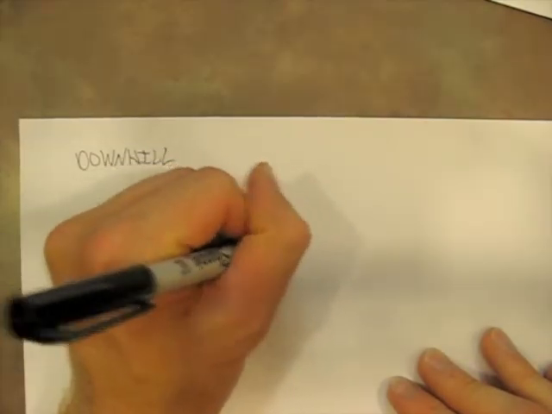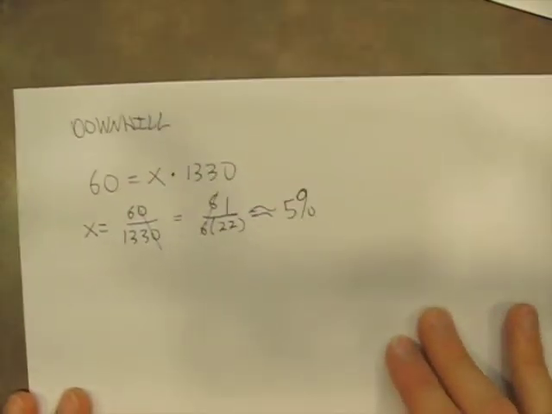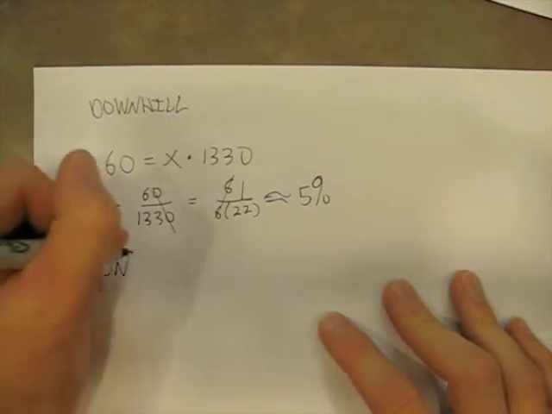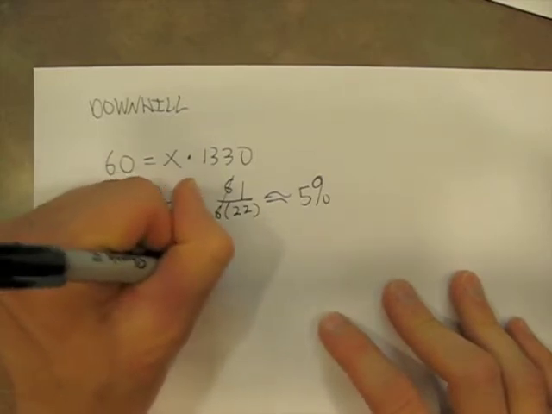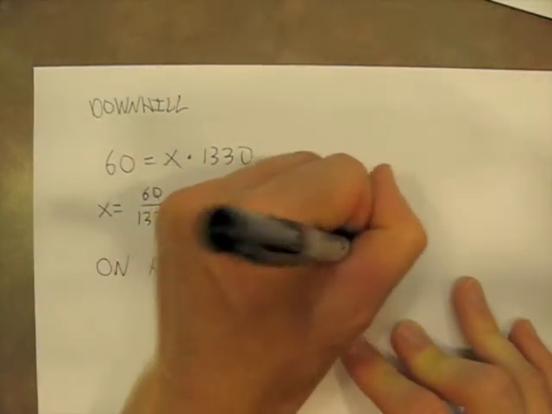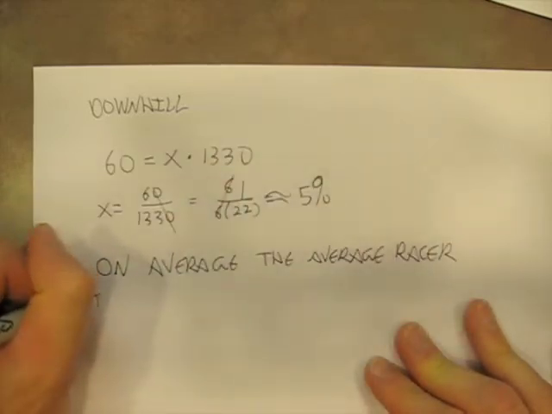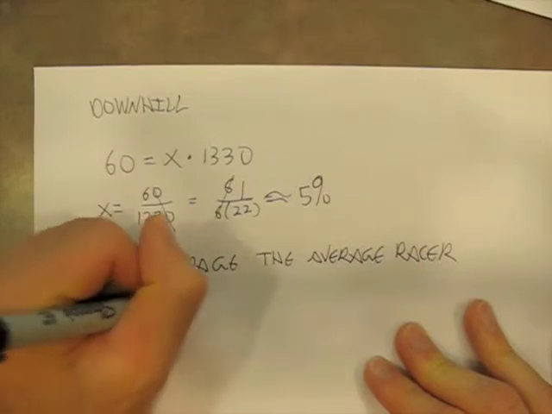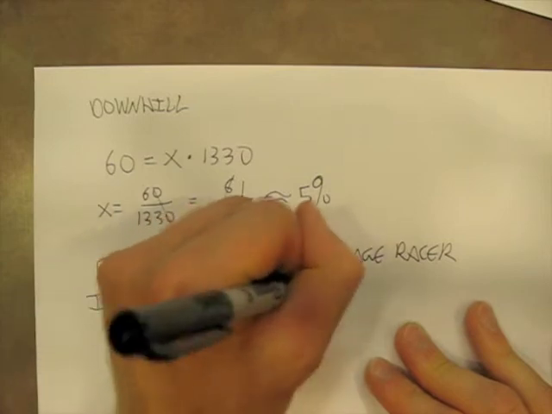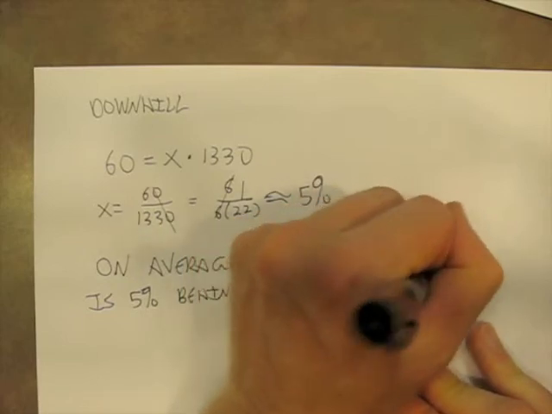So it's approximately 5%. It's a little bit less than 5%. I could do it on a calculator. You can do it on a calculator. So on average, the average racer is 5% behind the winner in downhill.